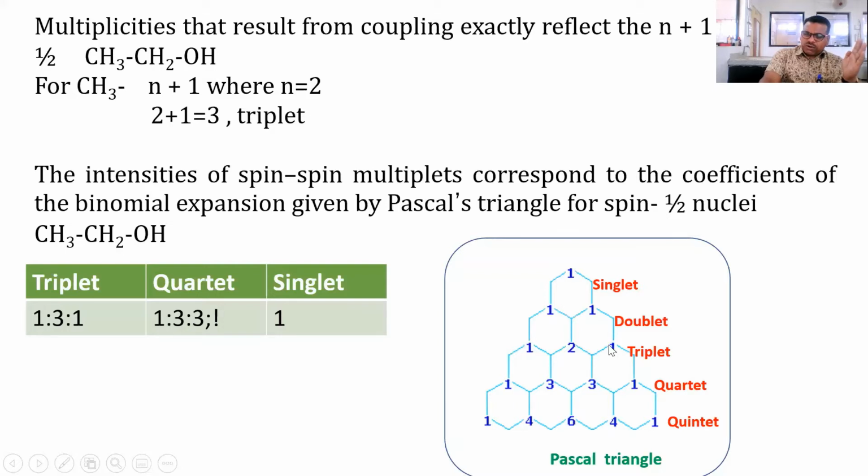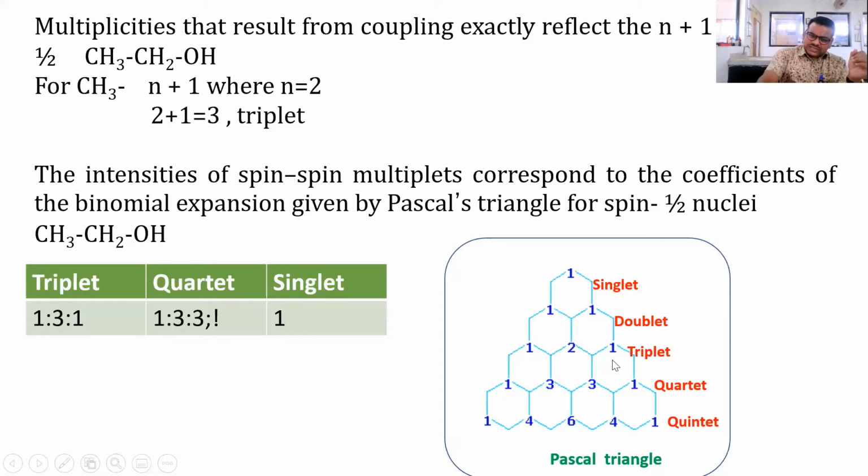Again, when we go for the quartet, you look at the first 1 present at the left hand side. The next number, 3, is obtained by the addition of 1 plus 2. Again, the next 3 comes from the addition of 2 plus 1. And again 1 comes on the right side.